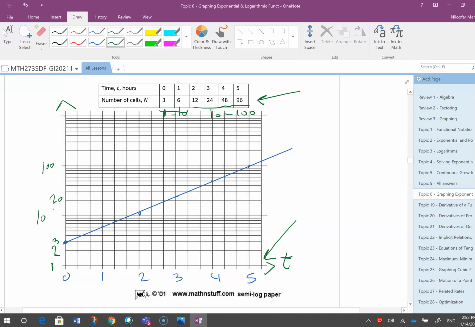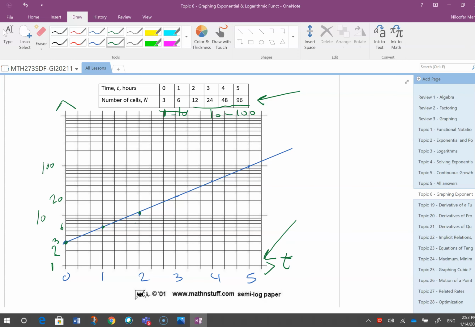So 3, 1 and 3, so it's here. 1 and 6 is here because this is 6. 2 and 12, remember, the next one after 10 is 20, so 12 is just here, very small, so close to 10.